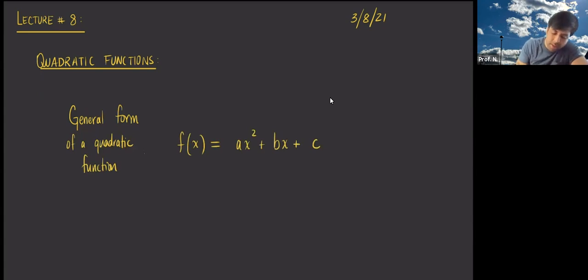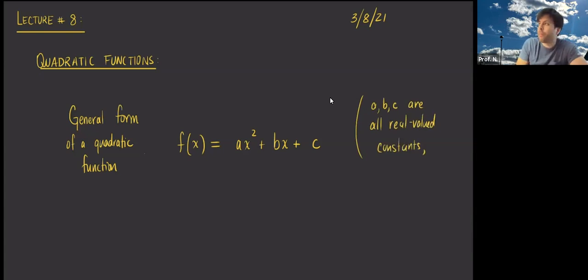Now, a, b, and c are all constants. The parenthetical remark I make is that a, b, and c are all real valued constants, with the extra condition that a does not equal 0.